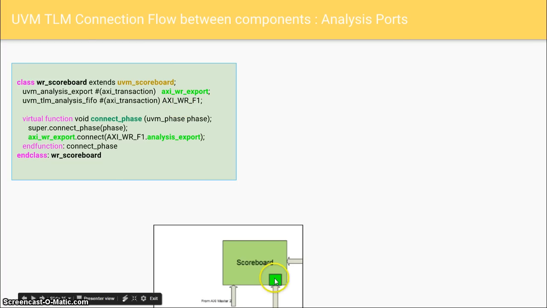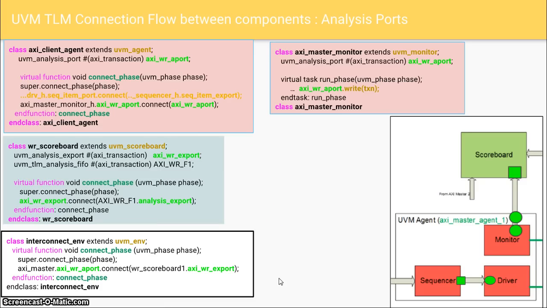Now you have an analysis export in the scoreboard, and you have to connect this analysis export to the analysis port in the agent. You can see that this is your analysis port in the monitor, which is connected to the analysis port in the agent within the agent itself, and you have to make this connection between the analysis port in the agent and the analysis export in the scoreboard.